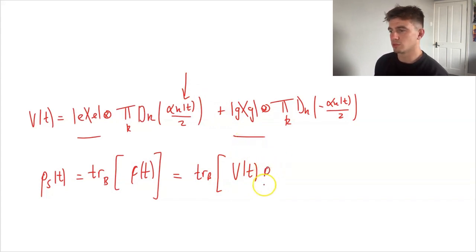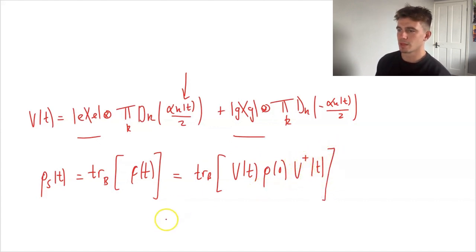So we'll call that rho naught, and we'll call this v dagger of t. And notice that v dagger of t is just going to be exactly the same as v of t, except the displacements are going to have opposite signs. So with the EE there's going to be a minus sign, and with the GG there's going to be a plus sign for v dagger.